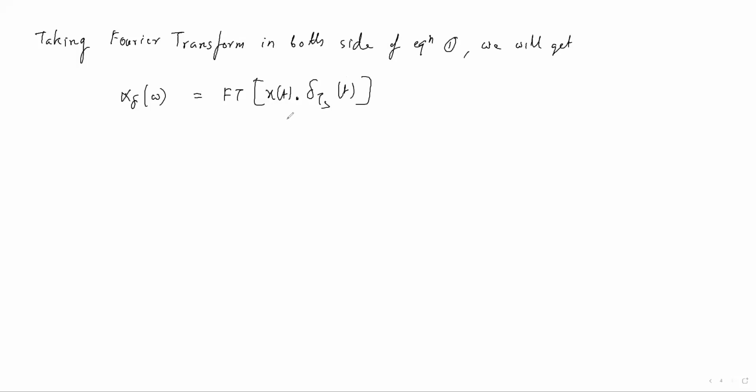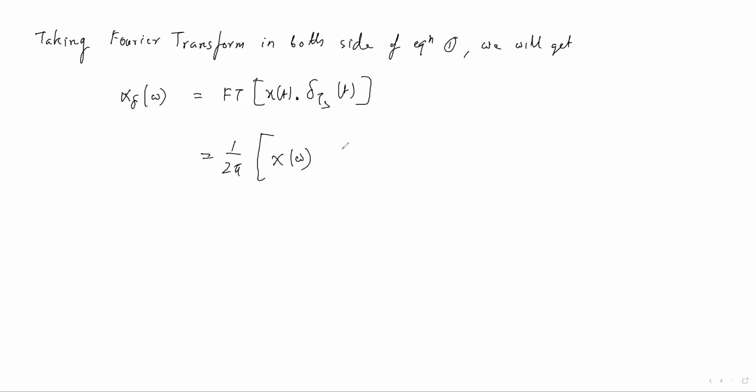I have said that if two signals are multiplied in time, then the output of the Fourier transform will be the convolution of these two signals. I have given this already. The Fourier transform of the multiplication of two signals will be the convolution of each of the signals, with a factor of 1 by 2 pi. What is the Fourier transform of x(t)? The Fourier transform of x(t) is X(omega).